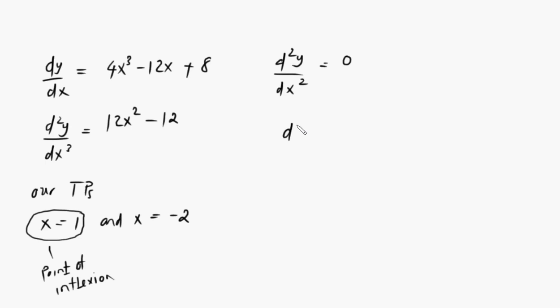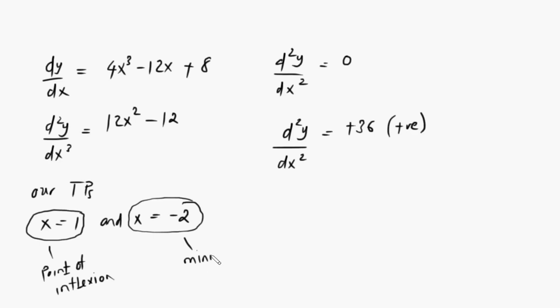Negative 2 squared is positive 4, times 12 is 48, and 48 minus 12 is positive 36. Positive. So x equals negative 2 is a minimum point, because when the second derivative is positive, the point is a minimum.